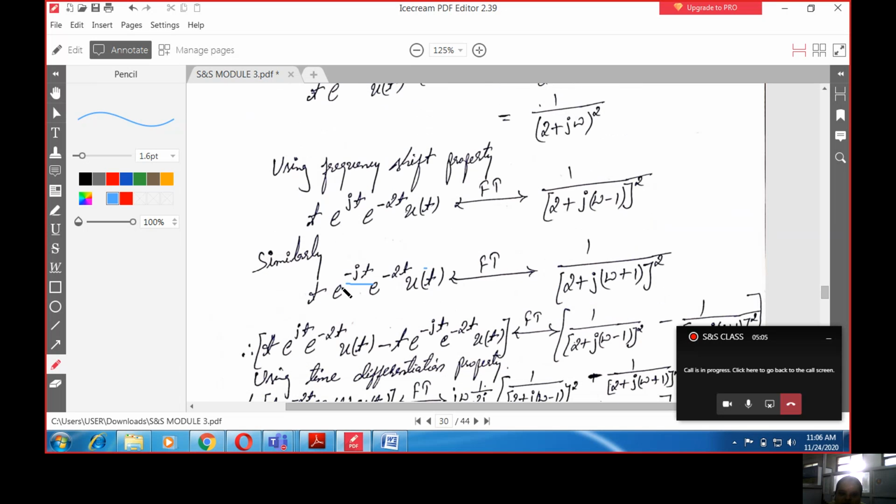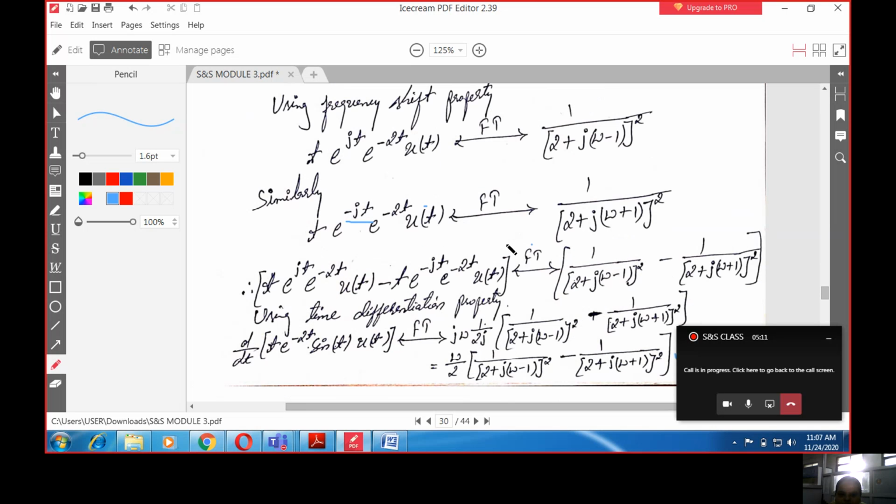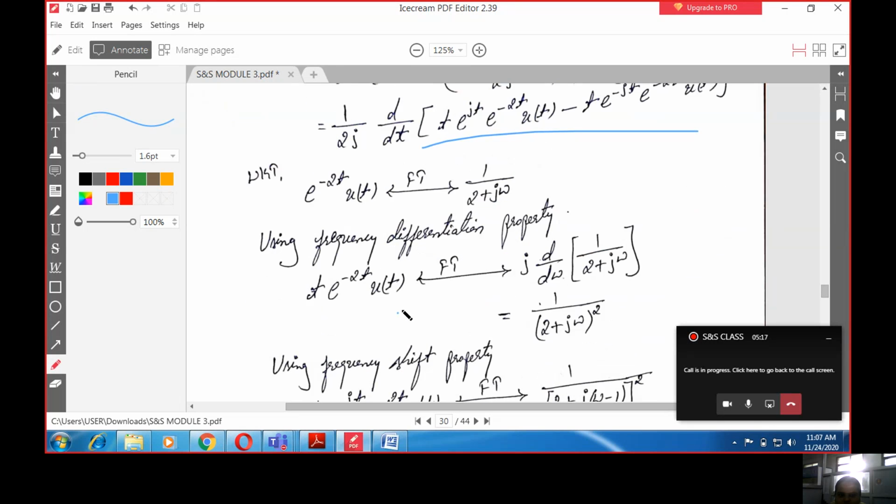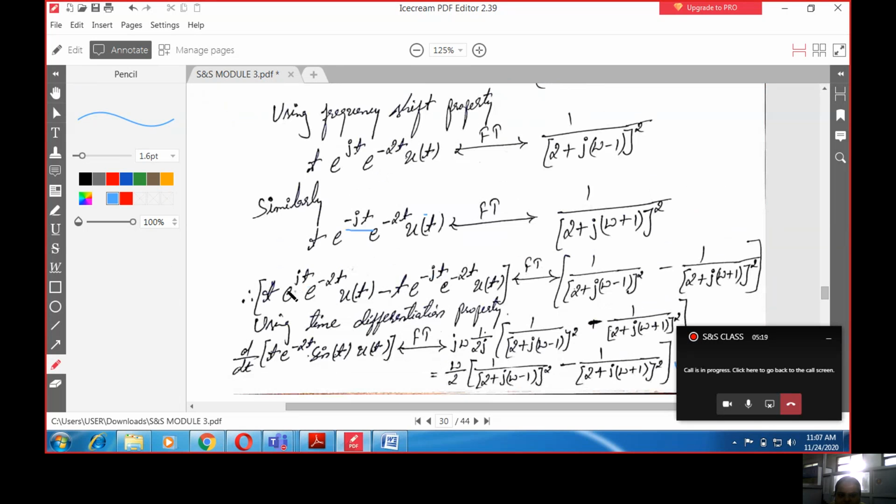Similarly, for t e^(-jt) e^(-2t) u(t), I can write 1 divided by (2 + j(ω + 1)) whole squared. This is the equation for the Fourier transform of the whole term: 1 divided by (2 + j(ω - 1)) whole squared minus 1 divided by (2 + j(ω + 1)) whole squared.